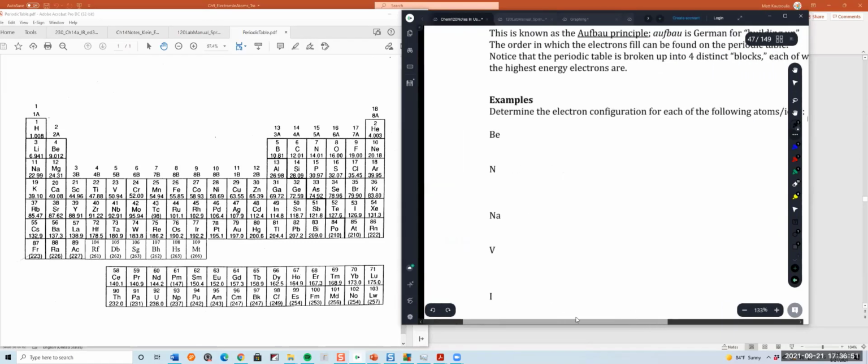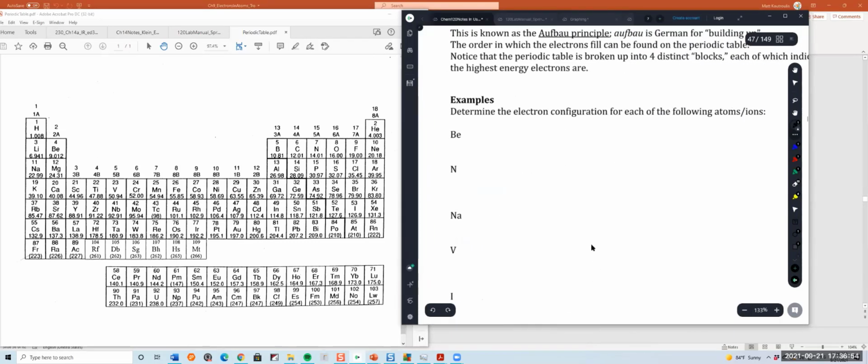So we want to do the electron configurations here. So beryllium. Beryllium is element 4. What block is it in? s, p, d, or f? s. s, that means it's going to end in s. And in fact, it's going to end in 2s2, because this would be the 2s's. It's the s's in the second row, and it's the second element over.